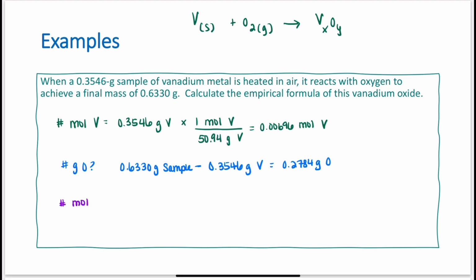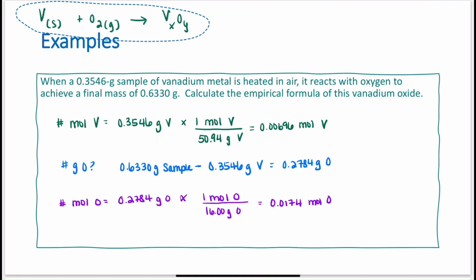So I can find my number of moles of oxygen. 0.2784 grams of oxygen, convert to moles of oxygen. This gives me 0.0174 moles of oxygen. Now, again, I'm trying to find the empirical formula, so I've got to find that ratio.